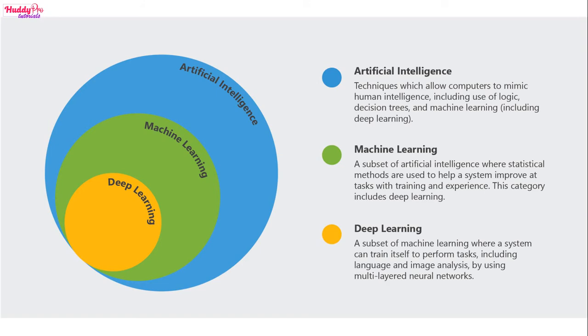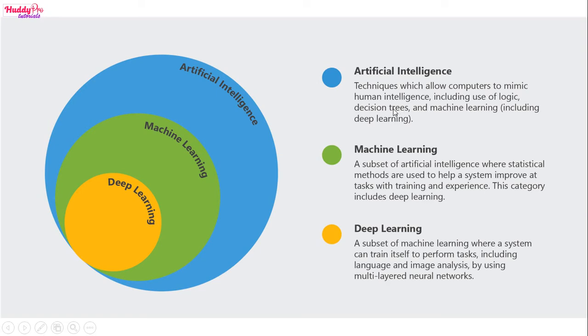So this diagram here tries to show artificial intelligence in general. Now, machine learning is a subset of artificial intelligence, and within machine learning we have deep learning, which is also another subset of machine learning. So briefly, artificial intelligence refers to the techniques which allow computers to mimic human intelligence.